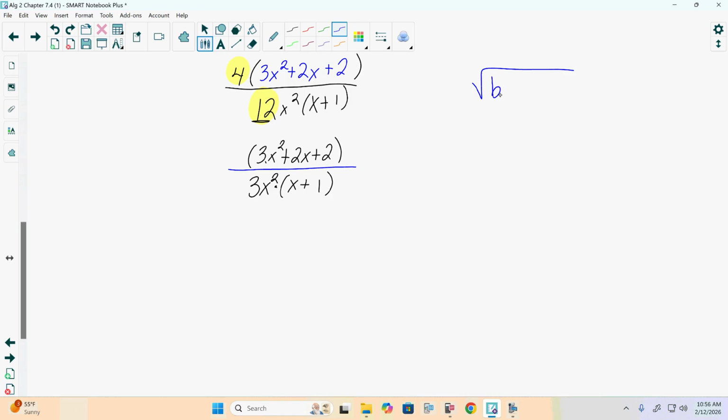And instead of going through the full process of 2 sets of parentheses with 3 spaces, I'm just going to grab this tool. Square root of b squared minus 4ac. And for us here, the value of b is positive 2, a is positive 3, and c is positive 2.